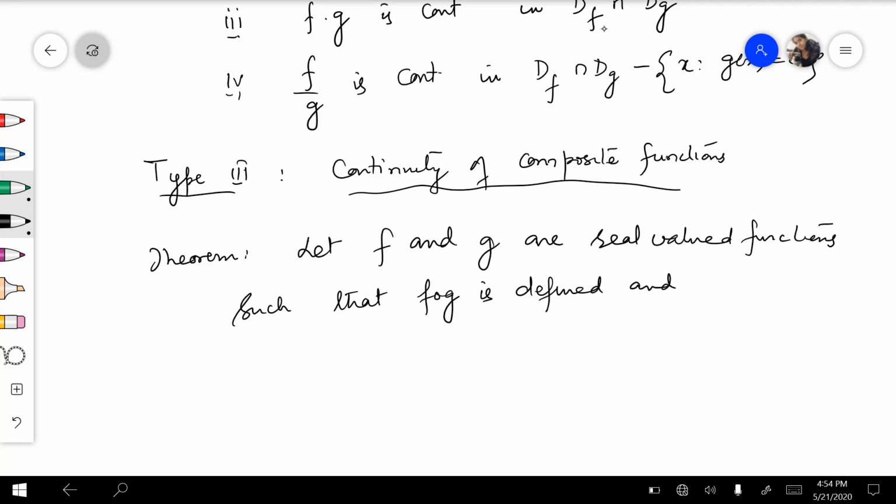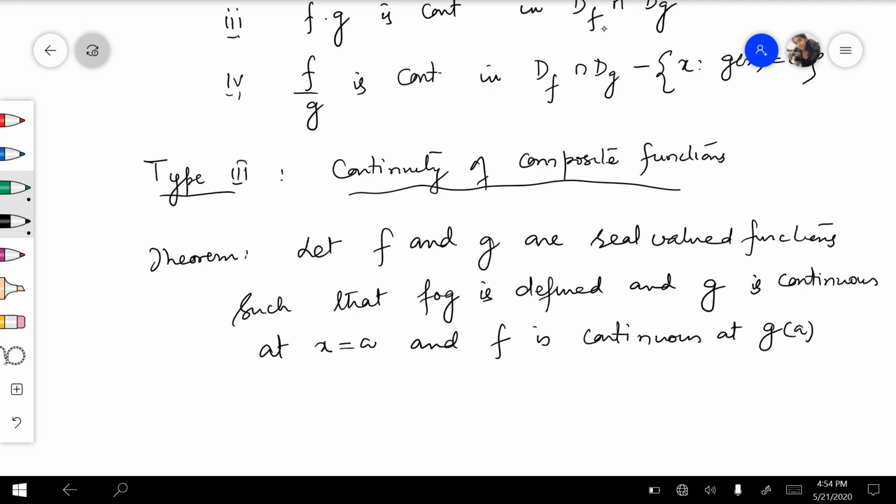and g is continuous at x equals a, and f is continuous at g of a.